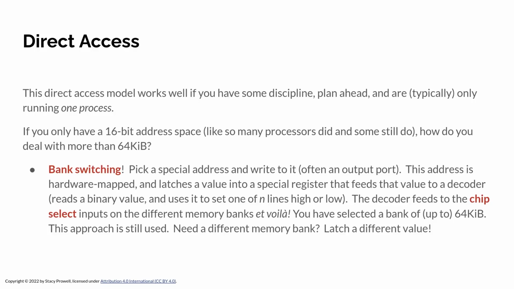Some modern processors still just have a 16-bit address space. How do you deal with more than 64K, right? A 16-bit address space can address 64 kilobytes of memory, but not really anymore. So how do we deal with that? Well, we can deal with it using bank switching.